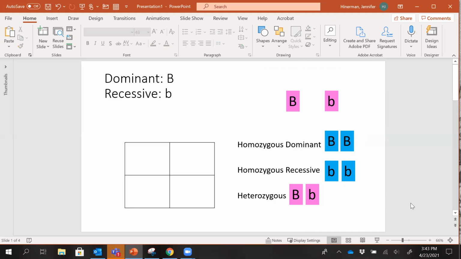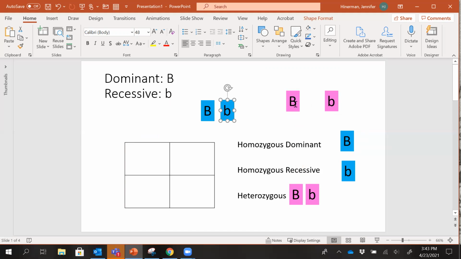Okay? All right, so let's say that we crossed two parents that are heterozygous. So let's say that dad is a big B, little b, and mom is a big B, little b. So mom got one big B from her mom and a little b from her dad.